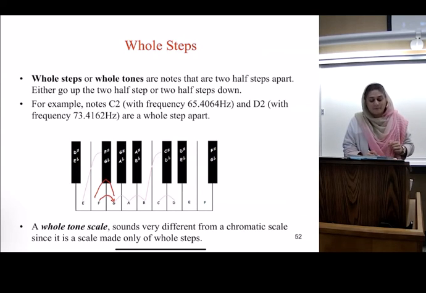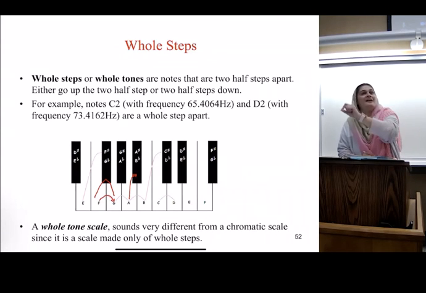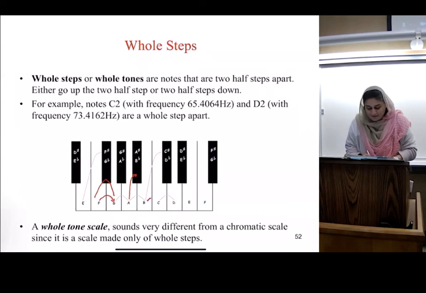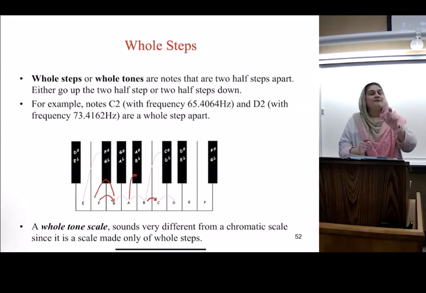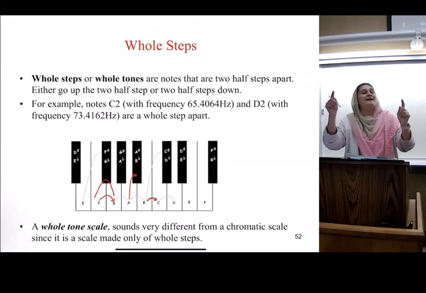Got it? But going up from here to here, is that a full step or a half step? Half step. Got it? So each key that you move up is a half step. But on the other hand, is this a whole step or a half step? Got it? If there's nothing in the middle, then it's a half step.